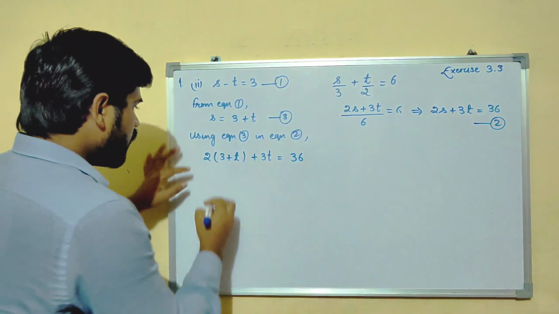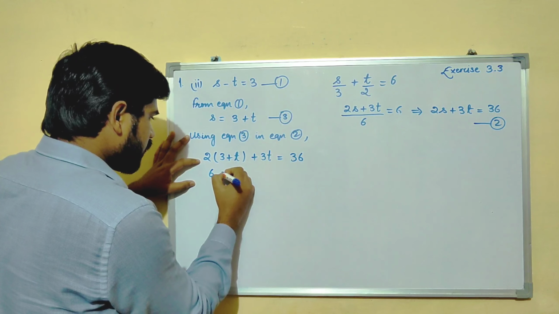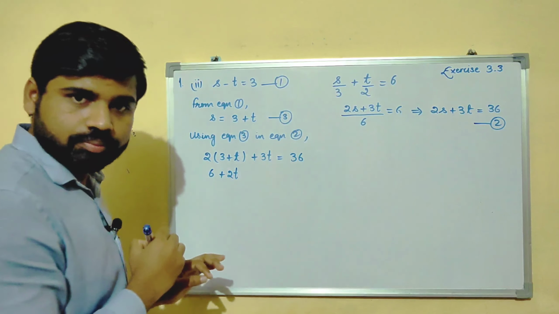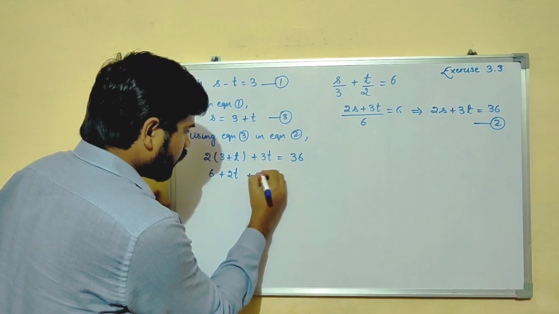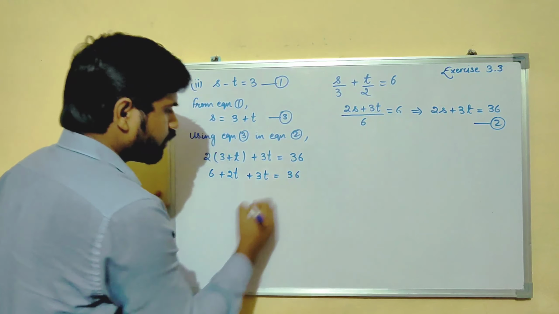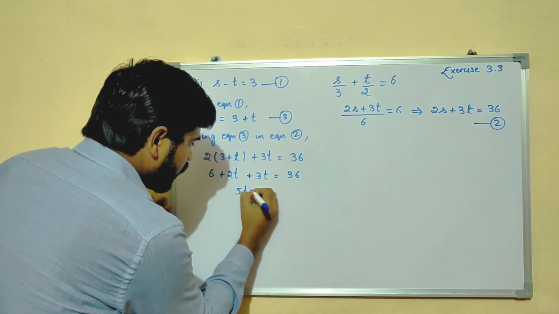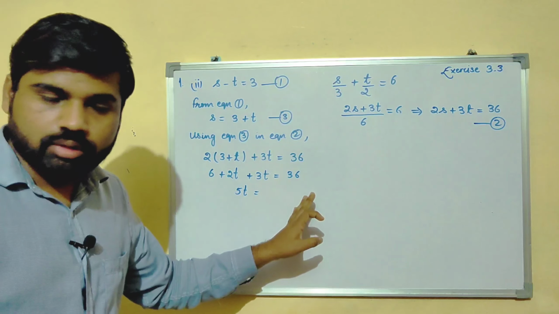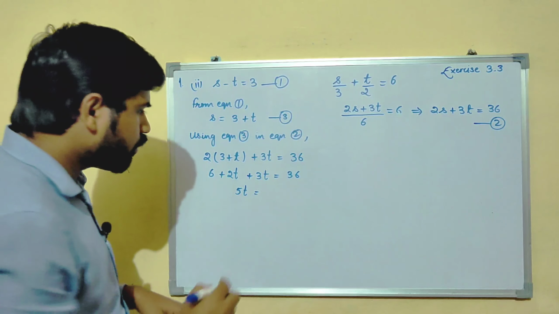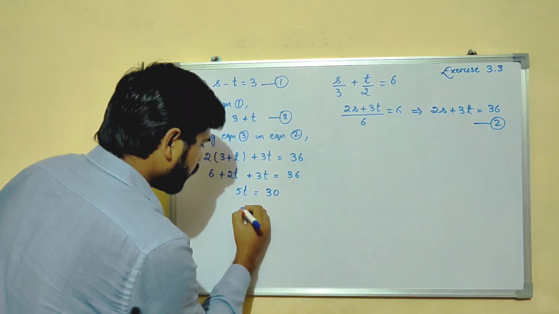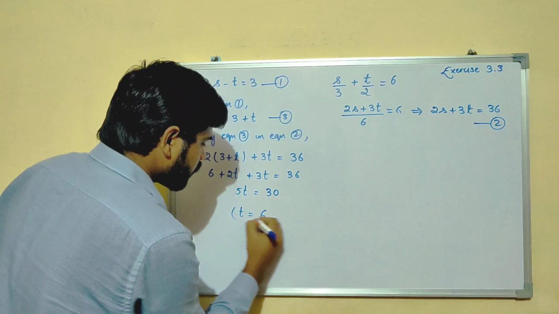Let us solve it. 2 times 3 is 6 and 2 times t is 2t, plus 3t equals 36. This is 5t, and 6 will be transposed to the right hand side. You will get 30 there. t will be equal to 6.